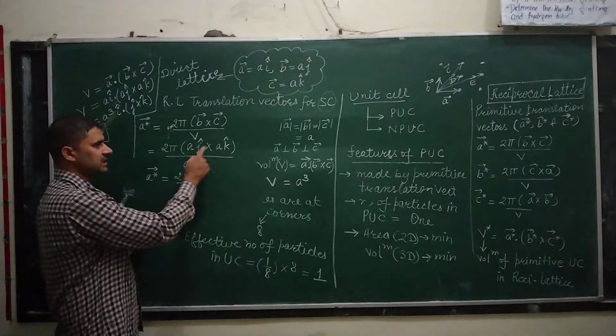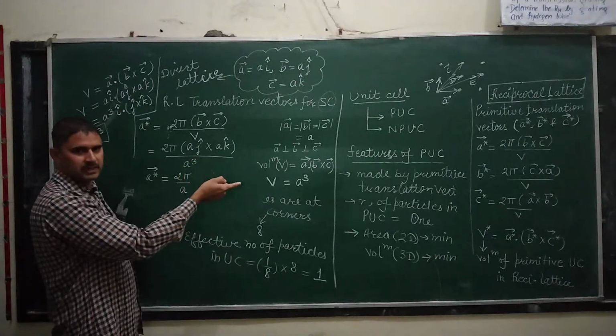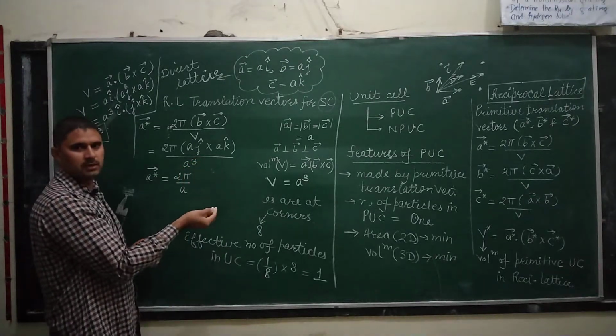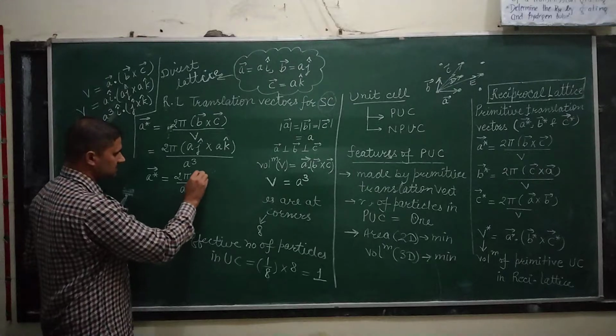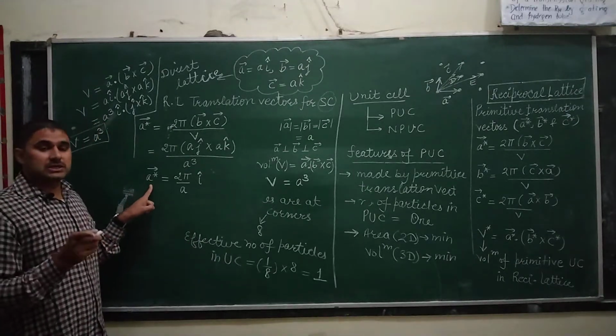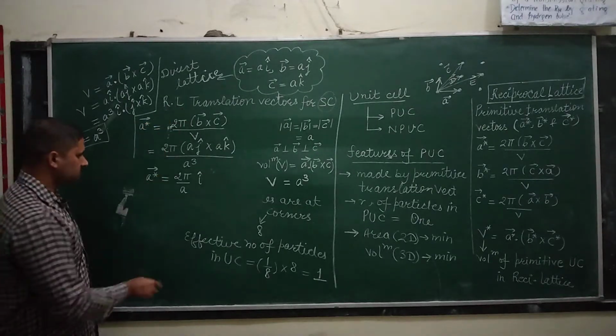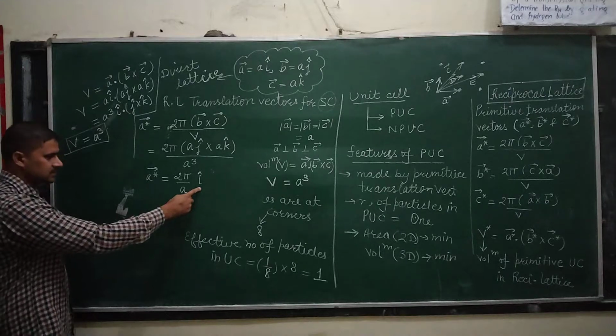Now you have j cross k. If you take cross of j with k, then it will be i. So this is the primitive translation vector in reciprocal lattice, along x direction.